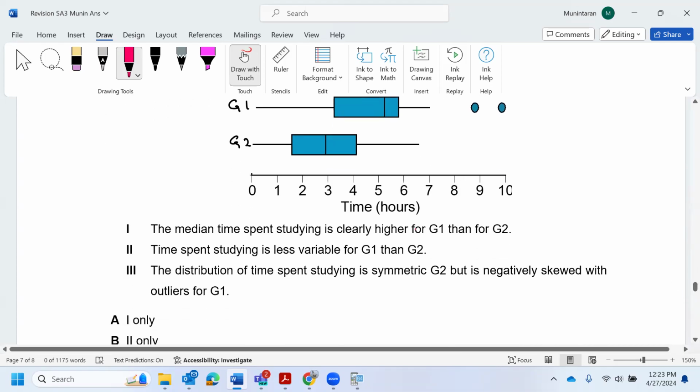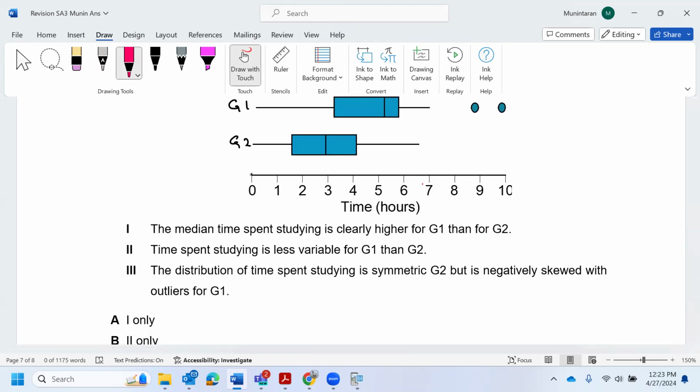The median time spent is clearly higher in G1. Median is higher because this is time spent; obviously the bigger the number, the better. G1 median is about 5 something, here only 2 something, so that is correct.